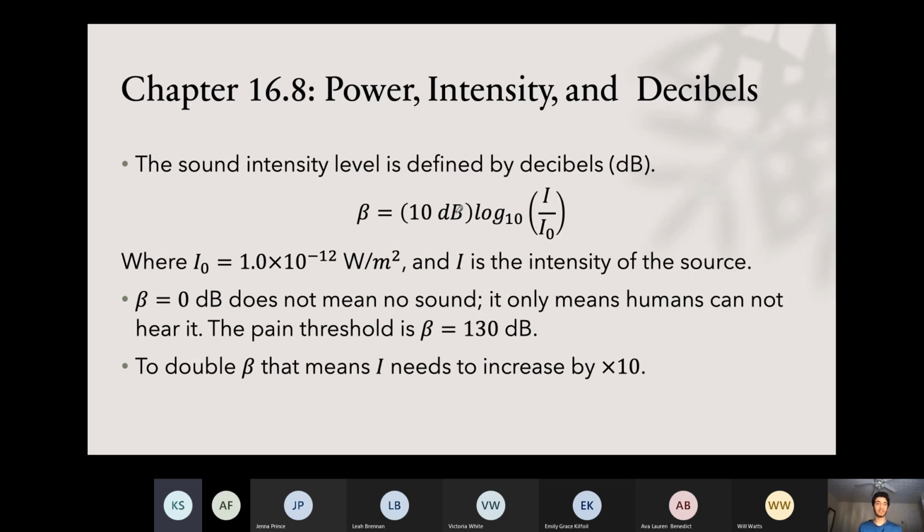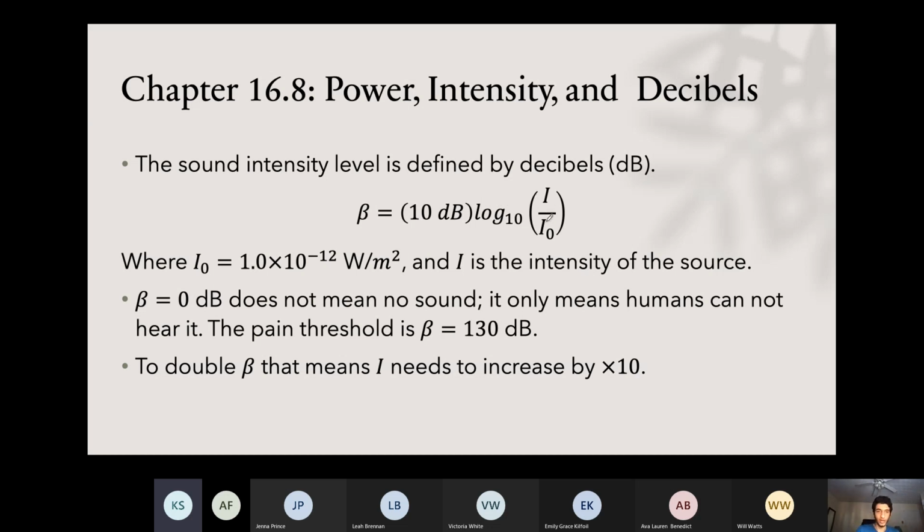Okay, so now we look at decibels. Decibels is just a measurement to say how intense the sound is. We denote it by beta, and it is equal to 10 multiplied by the log of the ratio between two I's.